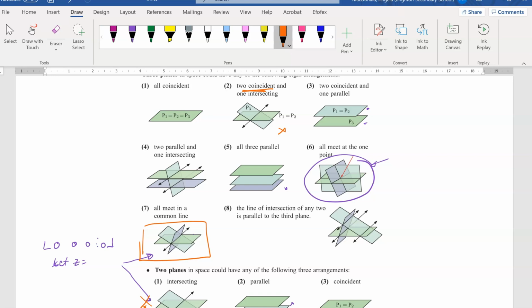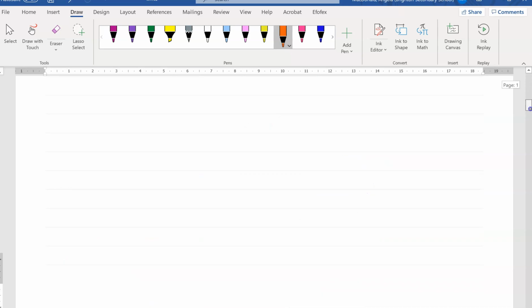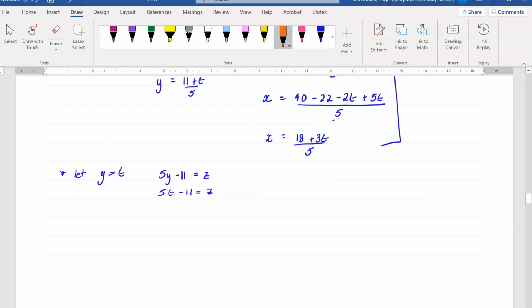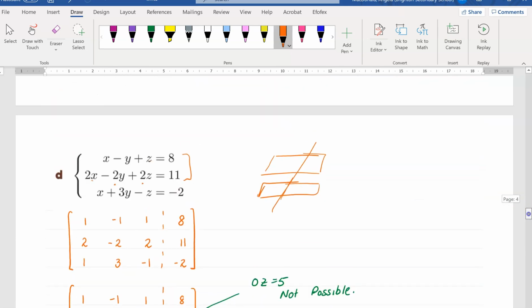For coincident, they would have to be a multiple of each other. That would have to be that this last one here, when we talk about D, if we get to it, they would be coincident if that was then 16. And then we can give a solution. But for this one, we're not going to, because that's not.